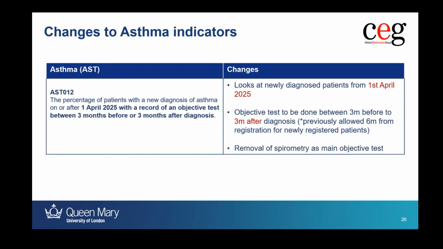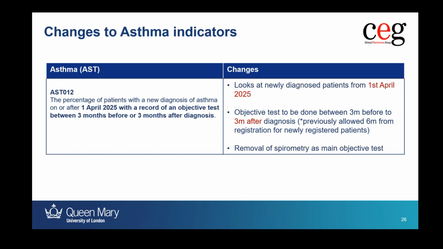Moving on to the other asthma indicator. So this is AST012, and it's the recording of the objective test for those who are newly diagnosed. So for this year, it's looking at patients who are diagnosed from the 1st of April 2025, and the objective test must now be done 3 months before to 3 months after the diagnosis.